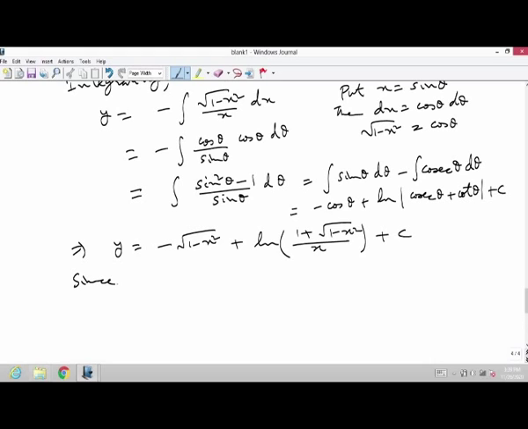since y at 1 is equal to 0, this will imply c is equal to 0. So, therefore, y is equal to minus square root of (1 minus x square) plus log of (1 plus square root of 1 minus x square) by x.